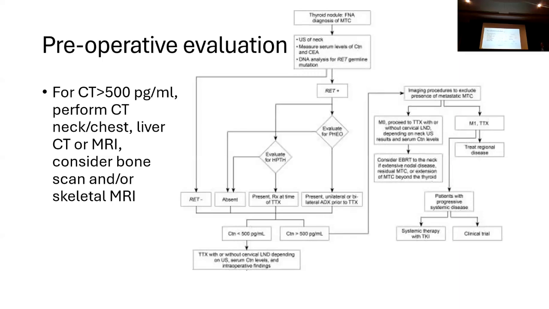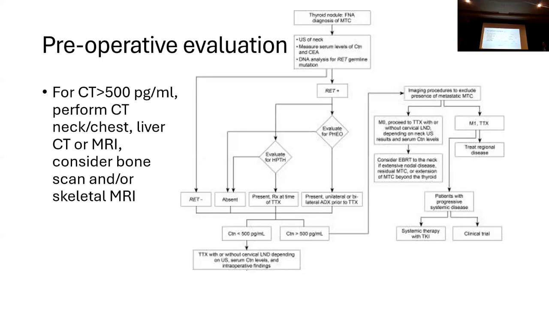And then once medullary thyroid cancer is confirmed, and usually that happens after a fine needle aspiration of the suspicious lump, the next thing to perform is getting a baseline of the tumor markers, and that would be calcitonin and then CEA, which is another tumor marker.